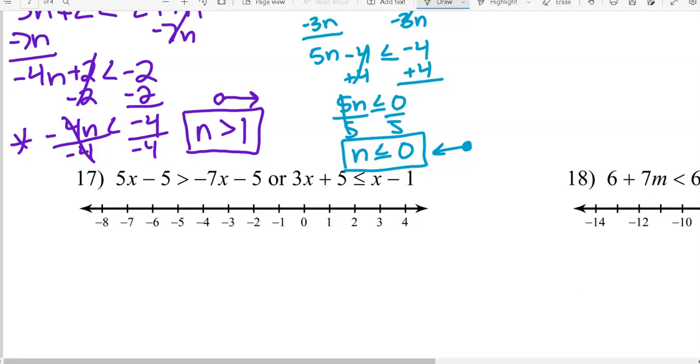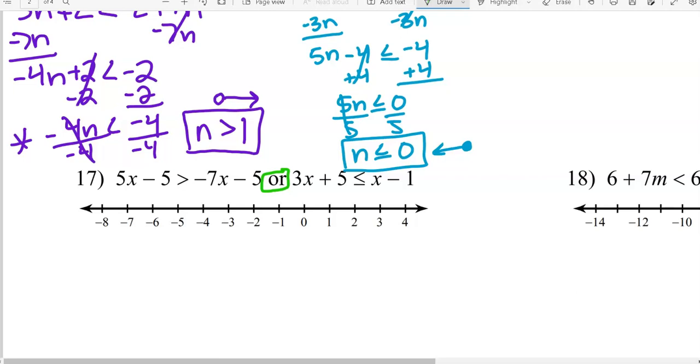Oh, my bad, I was looking at 16. I'm at 15. What's the one word that's there to help me out? Or. So this word right here tells me they're going to bounce away from each other.